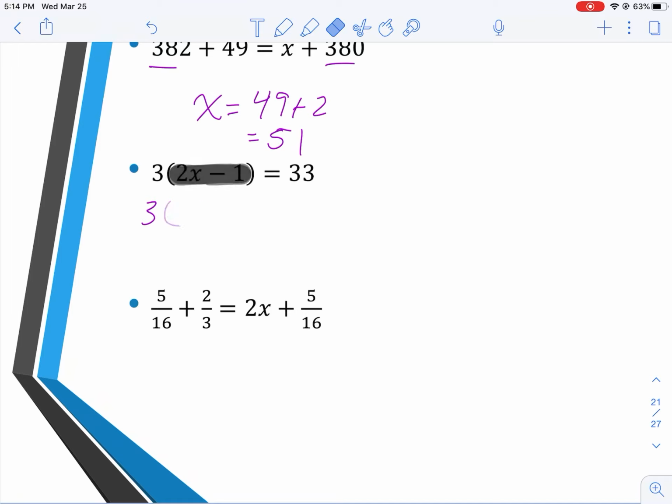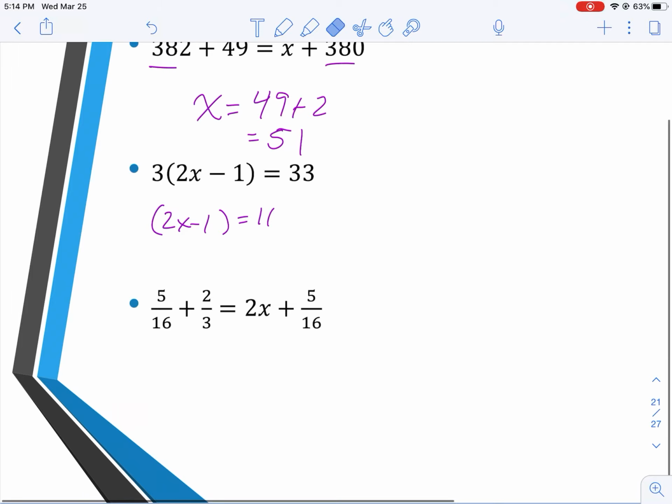All right, so then I know whatever's on the inside here, that something has to equal 11. So inside, 2x minus 1 has to equal 11. And in fact, I don't need these parentheses anymore. I'm not doing anything.